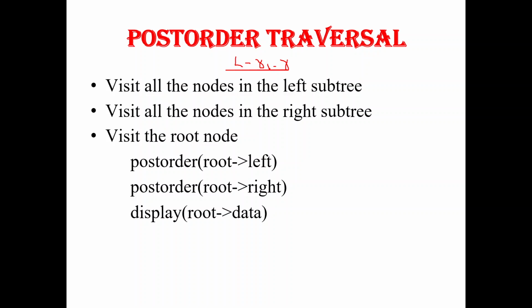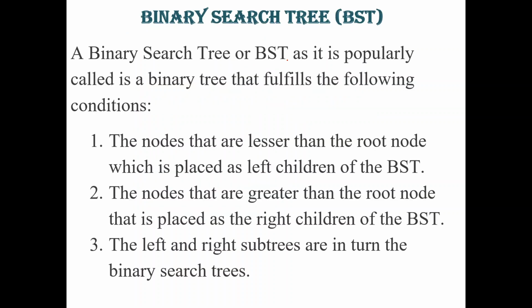Next we are going to see what is meant by a binary tree. First of all, before going into binary search tree, I need to tell you what a binary tree is. A binary tree is a tree in which a node has only two children. In a tree, if a node can have a maximum of two children, then I can call the particular tree a binary tree.